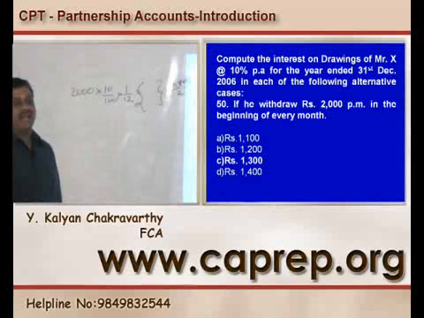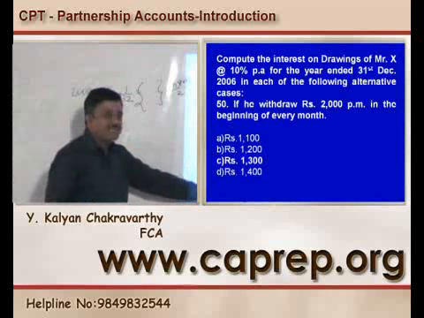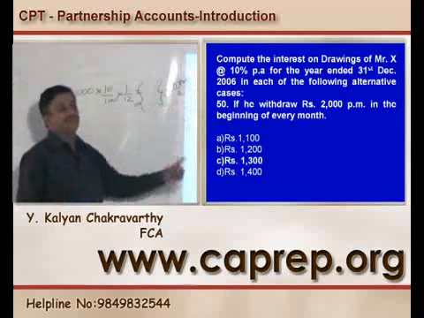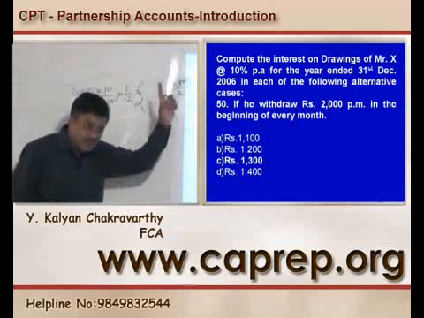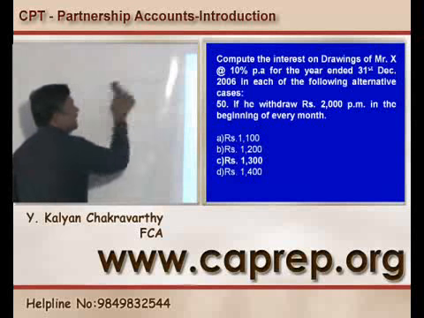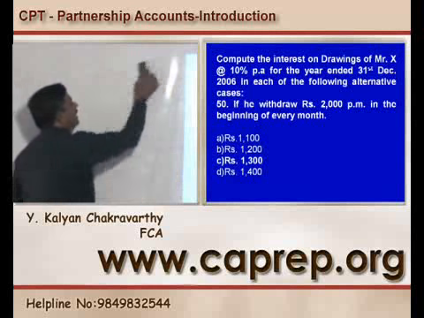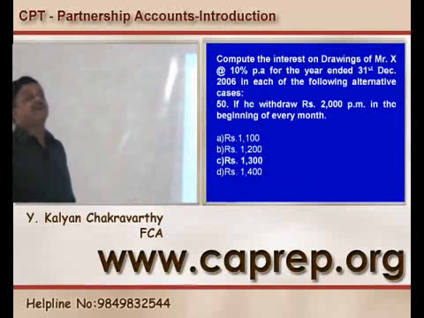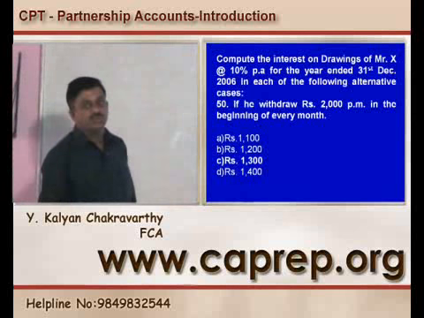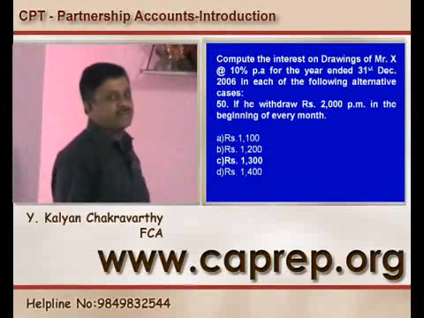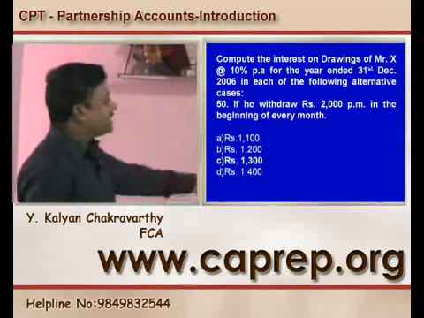Here the problem says it is at the beginning of the month, whereas at the end of the month it is not 12 into 12 plus 1 by 2, it is 11 into 11 plus 1 by 2 that you are going to consider. Calculate the yearly interest, convert it to monthly interest, and multiply with n into n plus 1 by 2. That is how you are supposed to get to the point, friends. So the right answer is 1300.